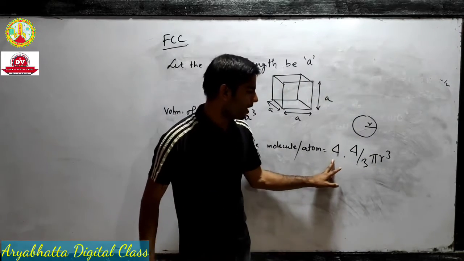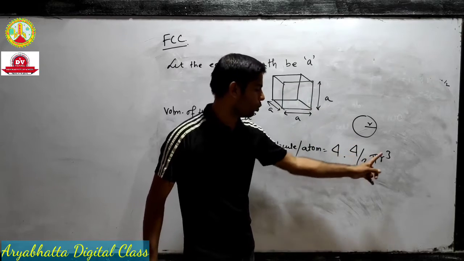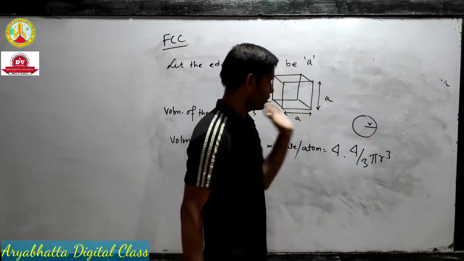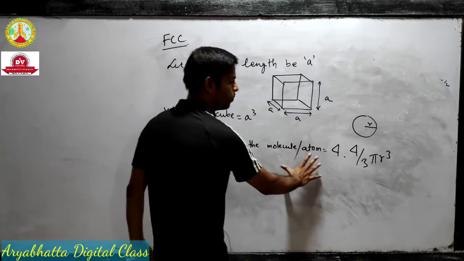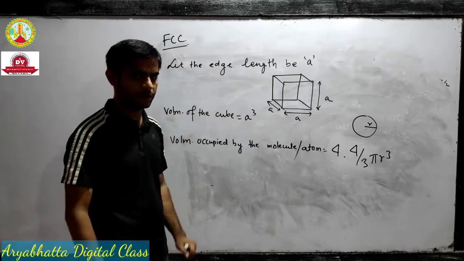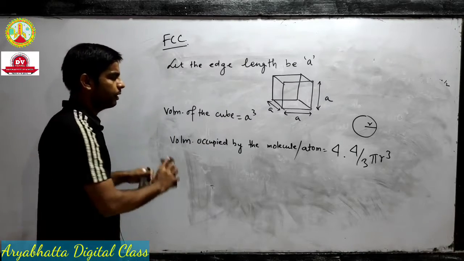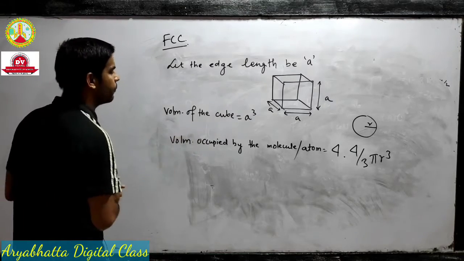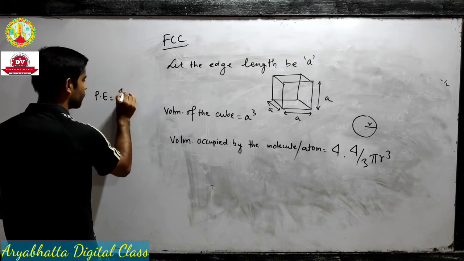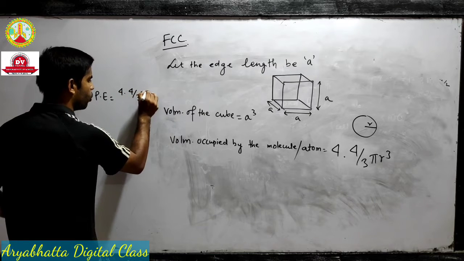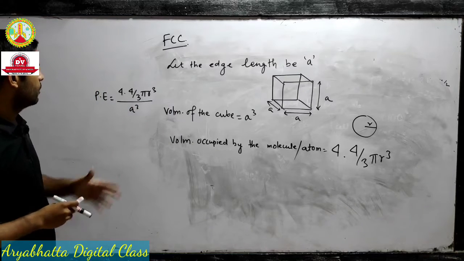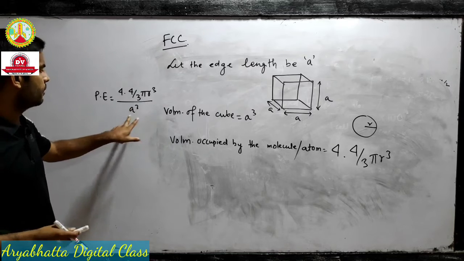So we got the volume occupied, and we got the given volume, so we got both things. Now, the formula that I gave you for packing efficiency was volume occupied divided by given volume, isn't it? This is the volume occupied and this is the given volume.